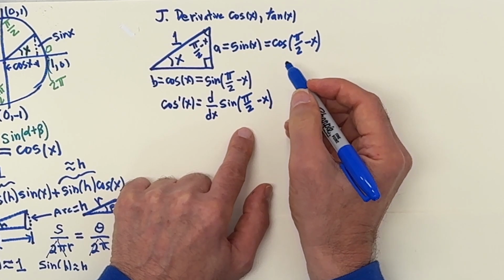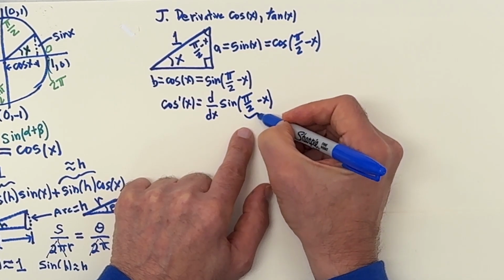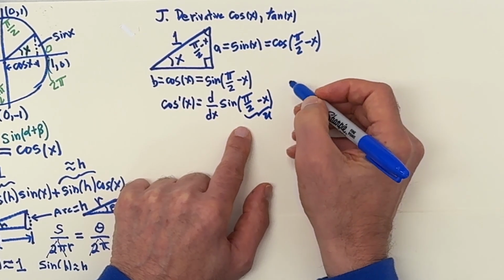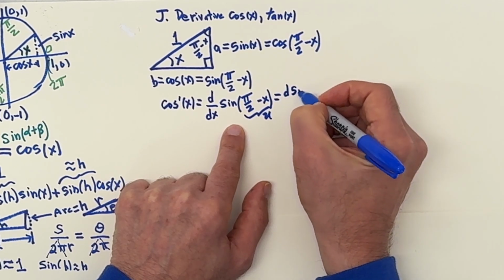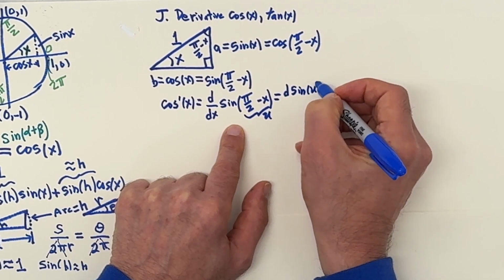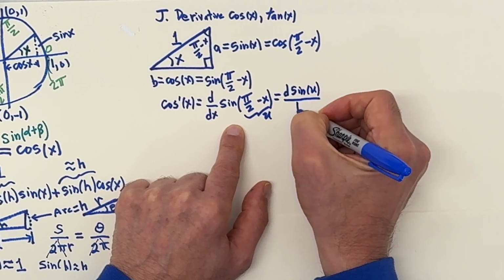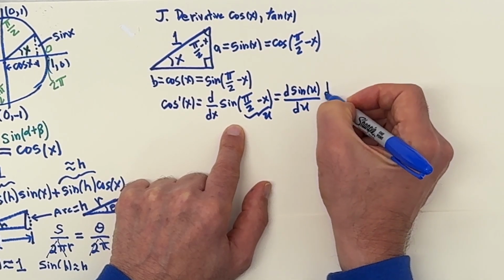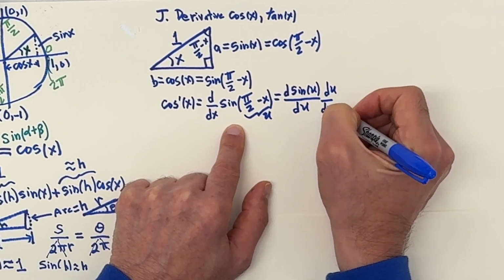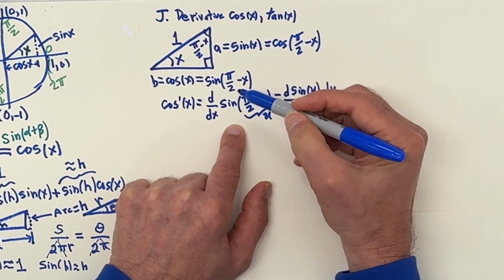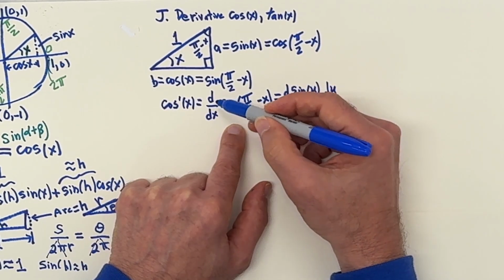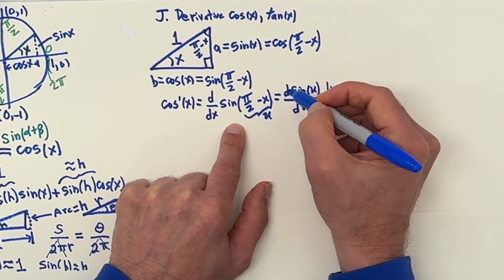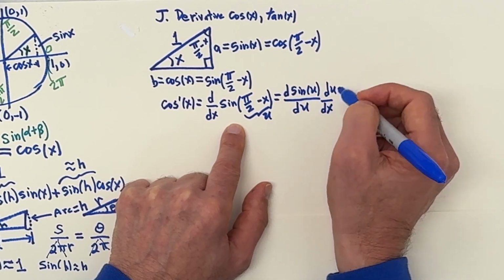Now I'm going to use the chain rule. I'm going to let this equal u, and then take the derivative of the sine of u with respect to u first, and then go du dx using the chain rule. So we have here sine of u, and d dx of that would be d du of that, then times du dx.